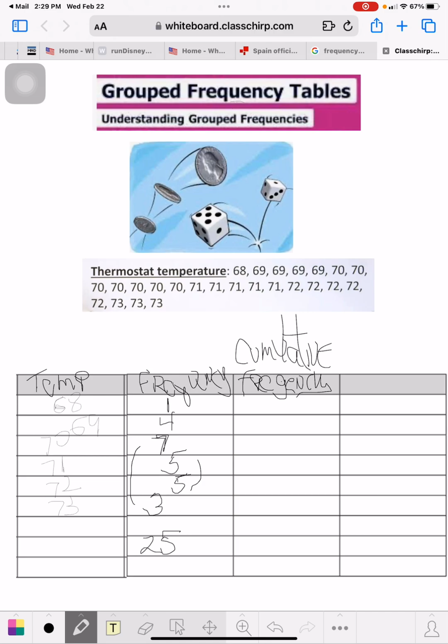What that would be is, where does it fall in line to all the temperatures? Where does it fall in?